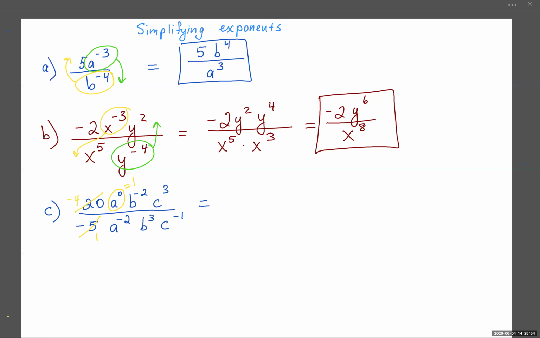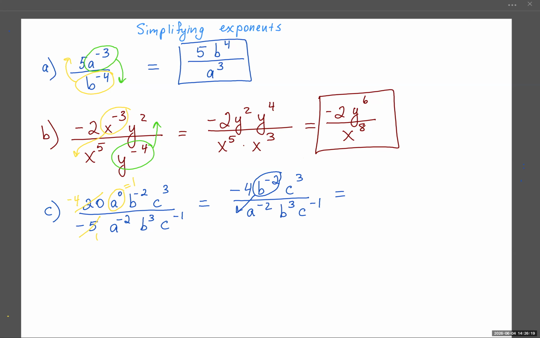I'm going to go ahead and rewrite it with these modifications. So this is negative 4, b to the negative 2nd, c to the 3rd, divided by a to the negative 2nd, b to the 3rd, c to the negative 1. Now we'll go ahead and start moving the negative powers around. So b to the negative 2nd will go down.